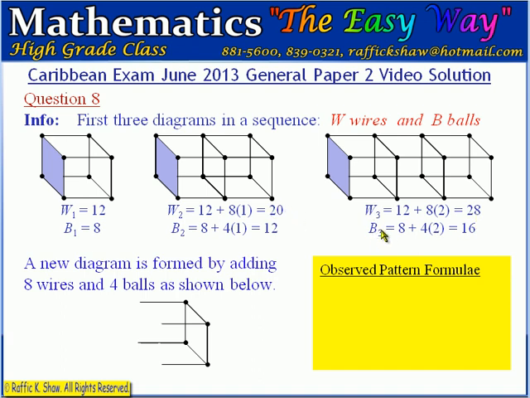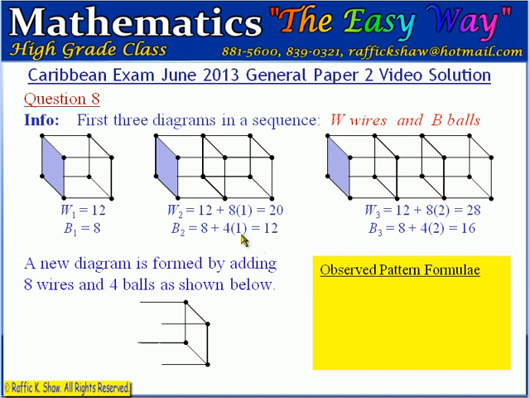And then the number of balls in the third diagram is 8 plus 4 times 2, or simply we add 4 more balls to the 12 balls that were in diagram 2. The result is 16, and that's the pattern.